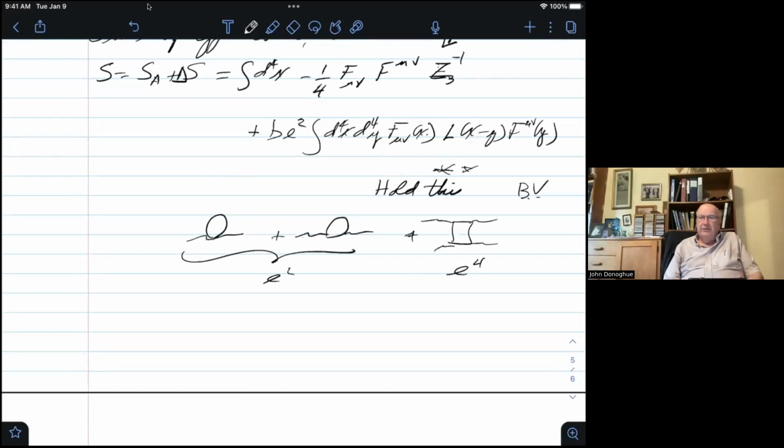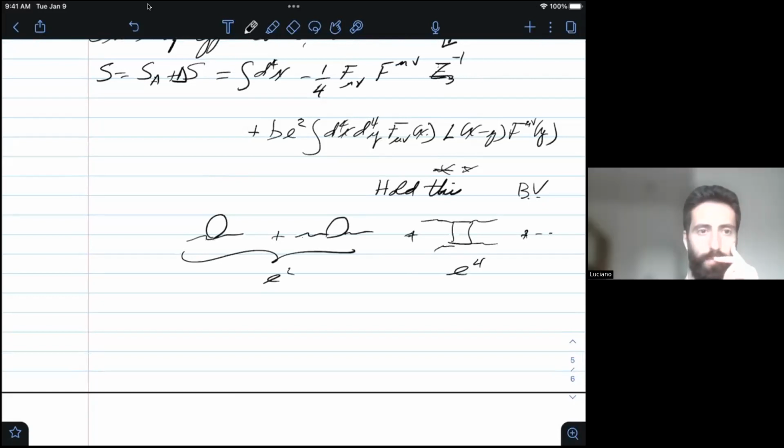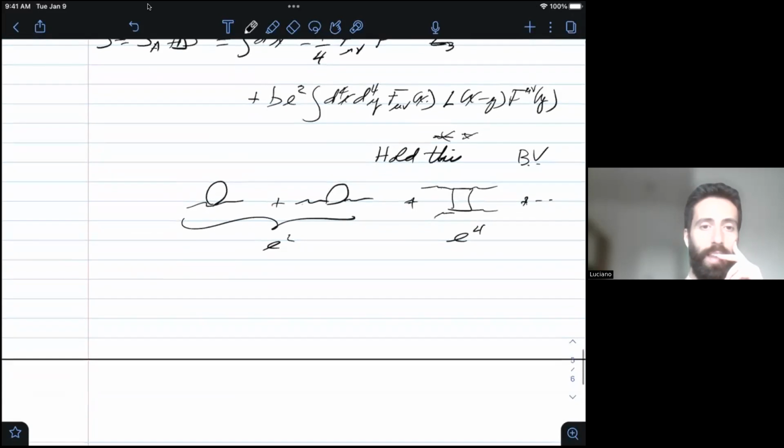I've just done the first leading term, and all the terms in the perturbative expansion are right there. Okay, it's fine for Ashwin as well.